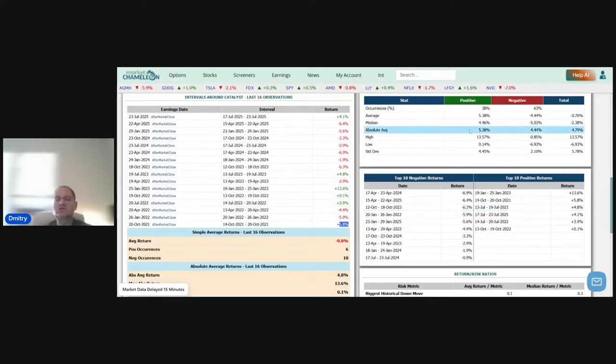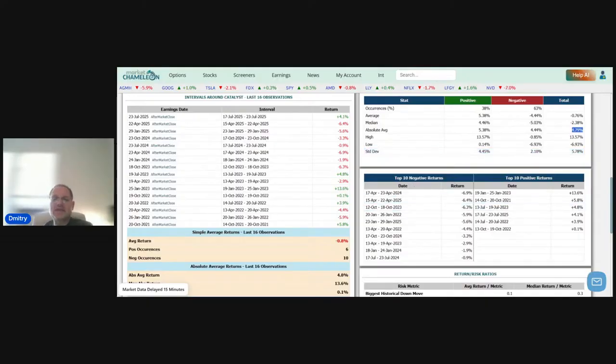Okay, so that's what this absolute is. So the positives, the absolute move is 5.3. If we take only the negatives, the absolute move was 4.4, and if we take all of them, it was 4.79. Okay.